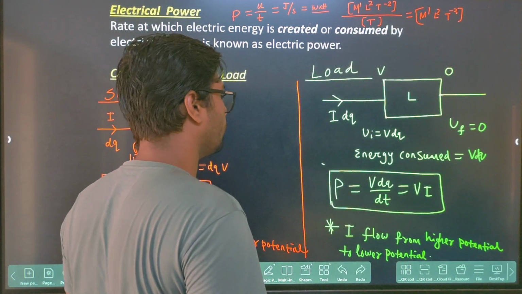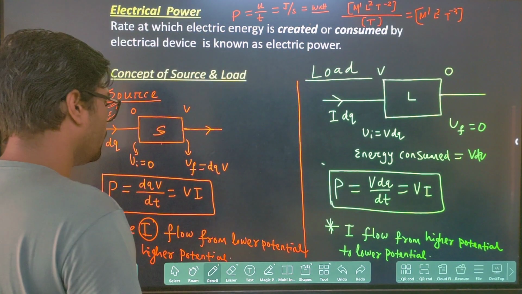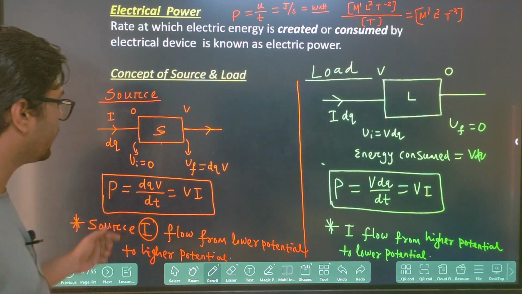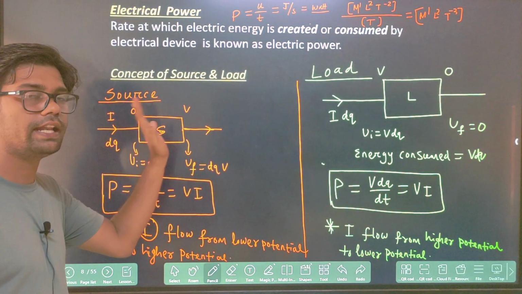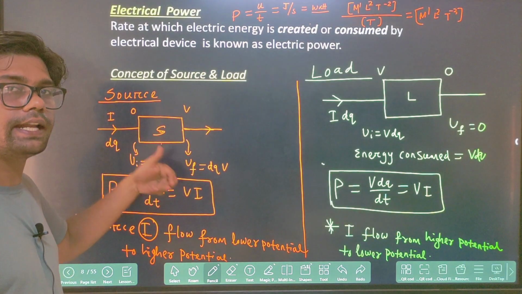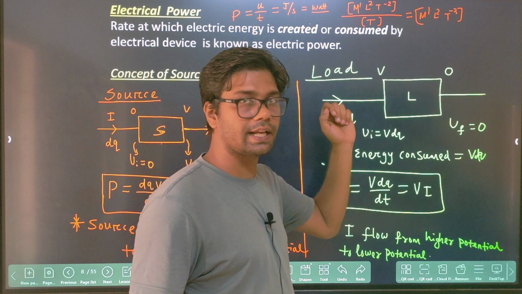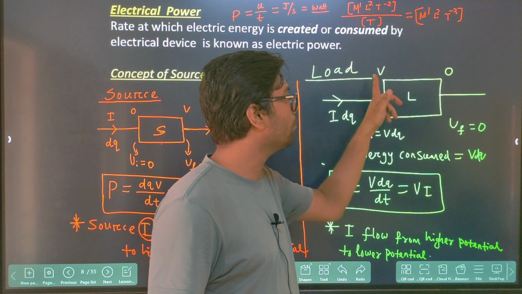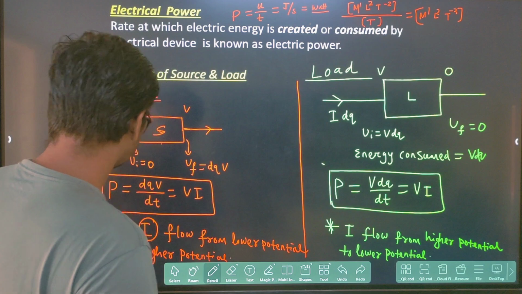Clear? For a source, the current will flow from lower potential to higher potential. That's how the charge is gaining some energy, because it's creating the electrical energy. For a load, it will consume the electrical energy, so the current will flow from higher potential to lower potential. Clear?